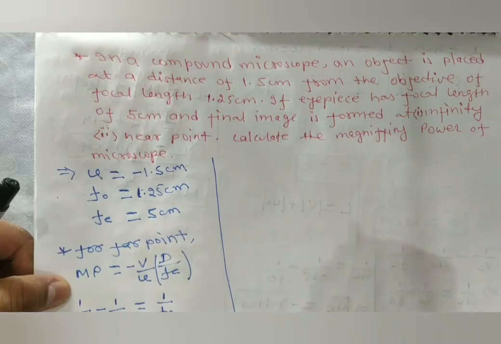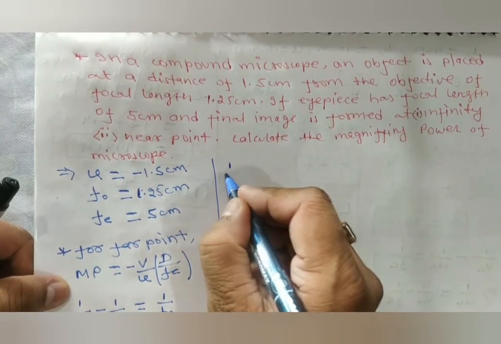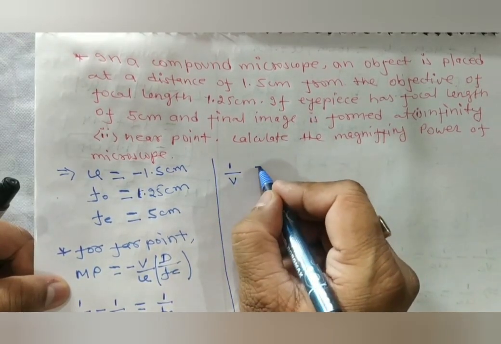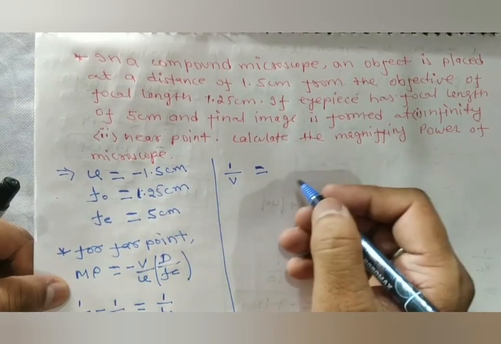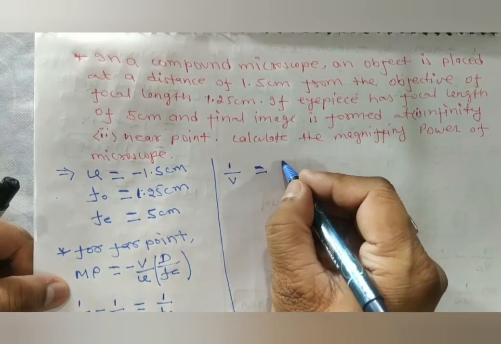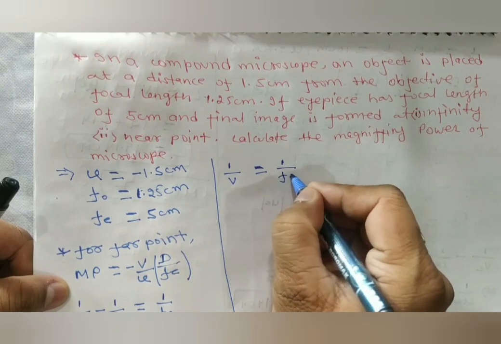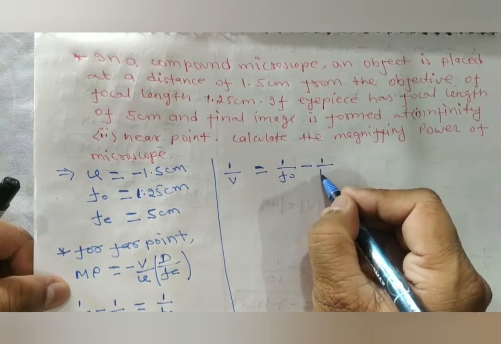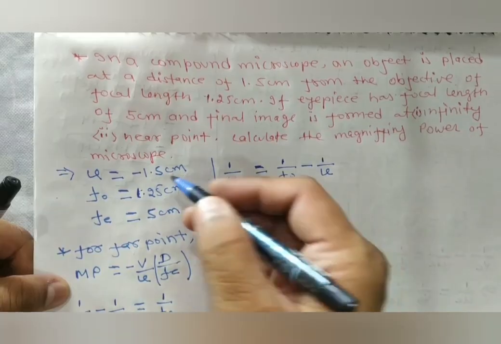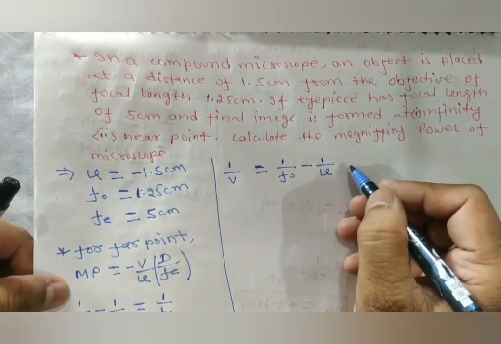From here we can calculate 1 upon V equal to 1 upon F naught minus 1 upon U, because this is minus it will be plus.